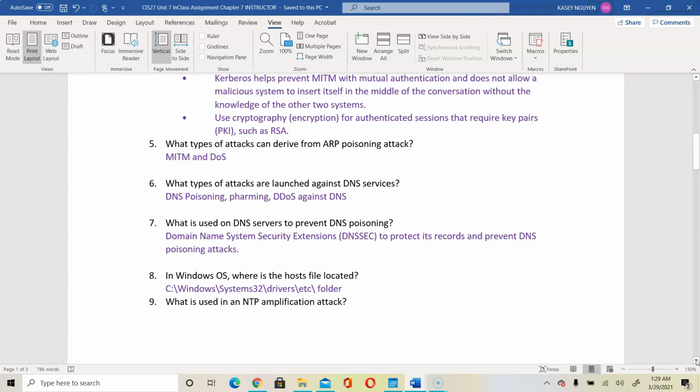In Windows OS, where is the hosts file located? You can find the hosts file in the C drive under the folder Windows, System32, Drivers, etc. And you will be able to locate the hosts file through that path.